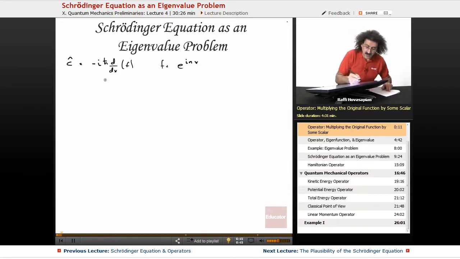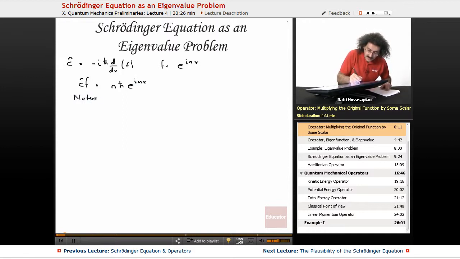We operated on this, and we found that C hat of our particular f was equal to n h bar times e to the i n x.